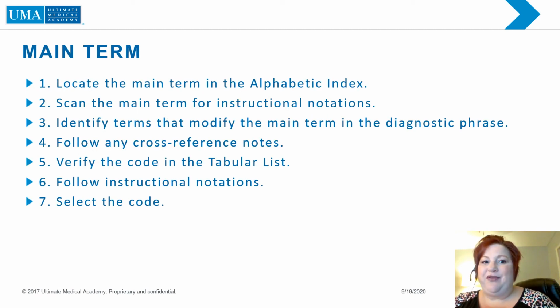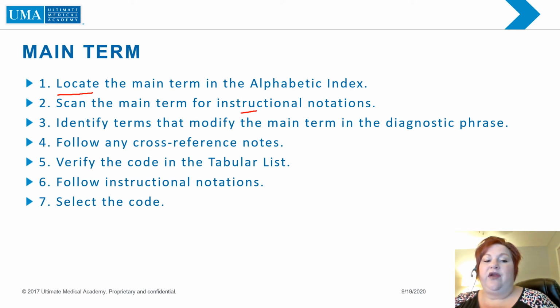So let's wrap up this video and discuss what we learned today and the process of locating the main term and looking it up. First, you want to locate the main term in the alphabetic index. From there, you're going to scan the main term for instructional notations.